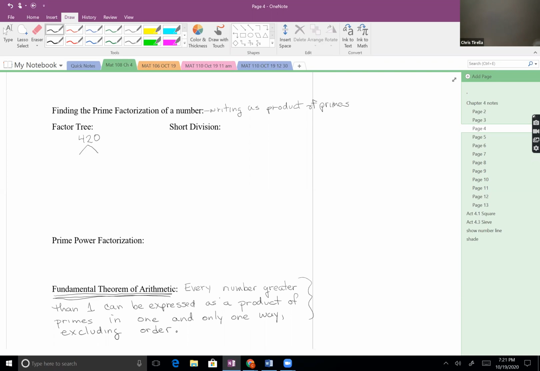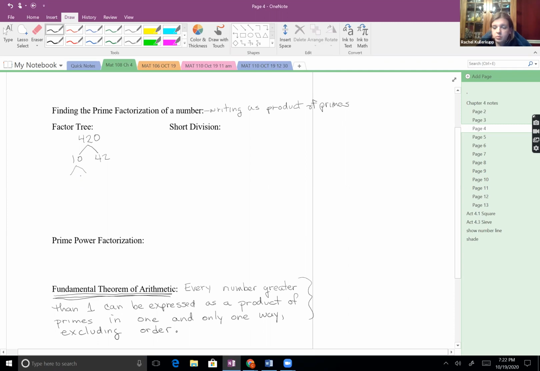Is there anybody else in the room that when you see a number that ends with 0, you know it can be divided by 10? And so that would be 10 times what? 42? Now, how about the number 10?